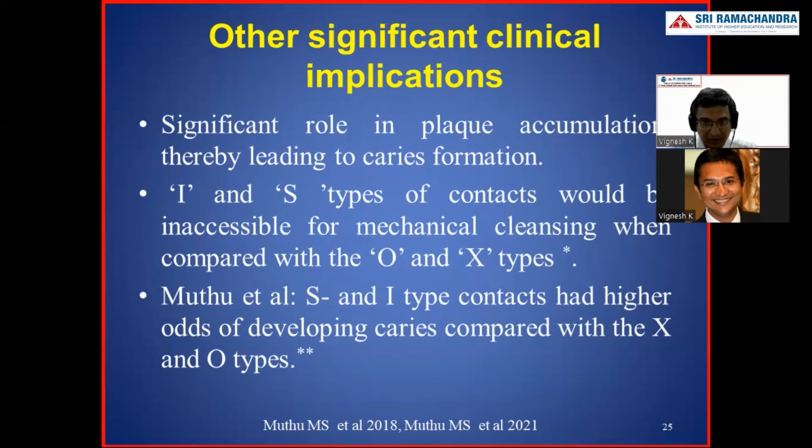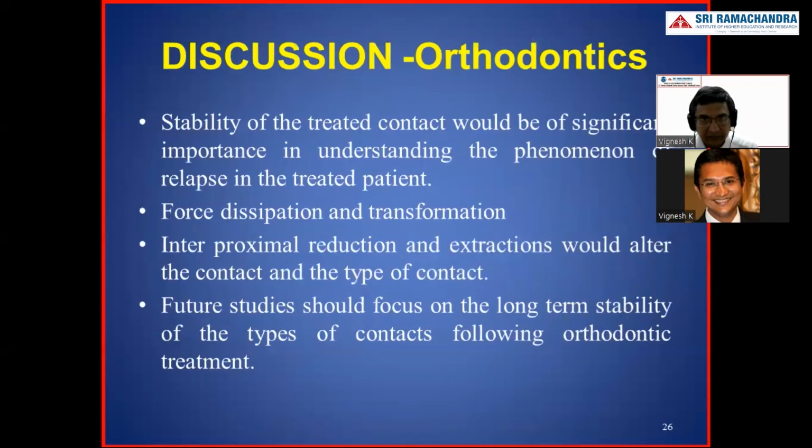O is basically an open contact, X is basically a point contact, I is when there's a straight contact greater than 1.5 millimeters, and S is a curved contact of greater than 1.5 millimeters. Muthu et al. have shown that the S and I type of contacts had higher odds of developing caries when compared with the X and O types.